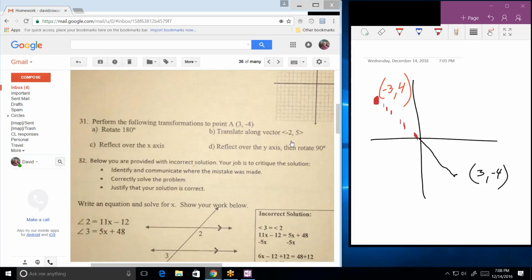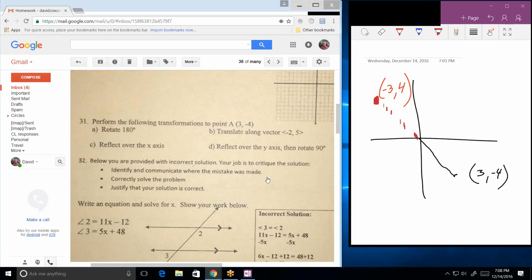These tend to be fairly easy. If you're translating it by that vector -2 comma 5, where do you think it ends up? For the original point or the one that was rotated? The original. All 4 of these are translations or rotations or reflections of this point.